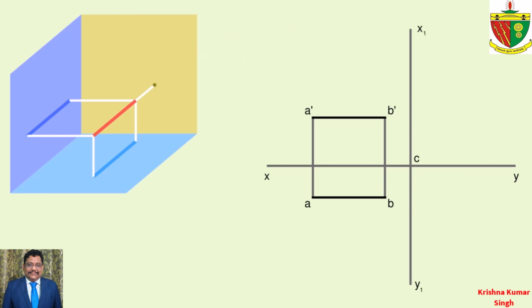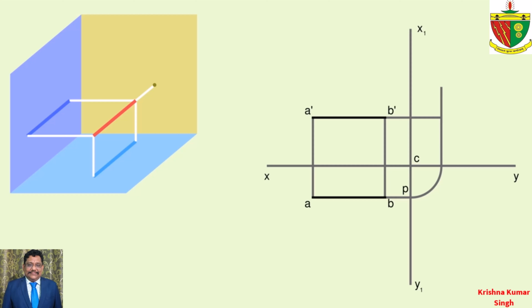Take x1y1 line which is perpendicular to the xy line. Consider the line of intersection of xy and x1y1 as C. From the top view, extend the line until it touches the x1y1 line and name it as P. Now take a compass and C as center, P as the distance, draw an arc until it touches the xy line.